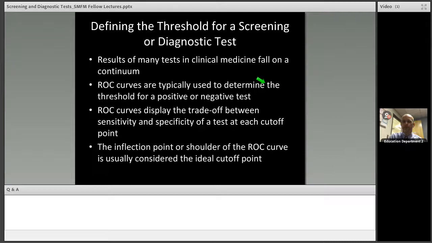Okay. One of the things we struggle with is how do you really define the threshold of what's normal with most of these tests, screening or diagnostic tests. So the example we just gave of ferritin, how do you know that less than 15 is a significantly abnormal level, or how do you know that a cervical length of 25 millimeters is a greater risk for preterm labor?